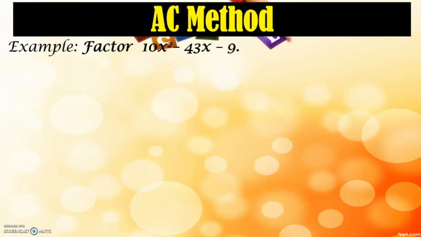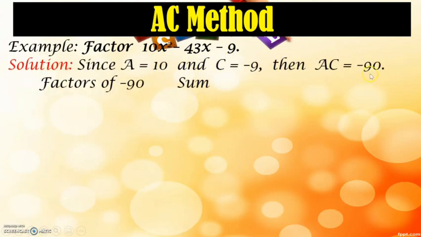Let's try another one. We have here 10x squared minus 43x minus 9. A is 10, C is negative 9, B is negative 43, and AC is 10 multiplied by negative 9, equal to negative 90.